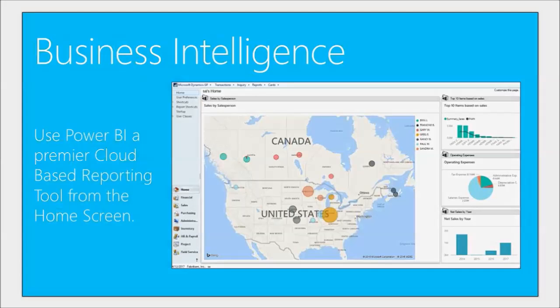Regarding business intelligence, GP over the years has added a few tools for reporting. So we don't need just standard report writer reports anymore to gather our information. We have Management Reporter, we have SSRS, SmartList. One tool that brings data from various systems together very efficiently is Power BI.